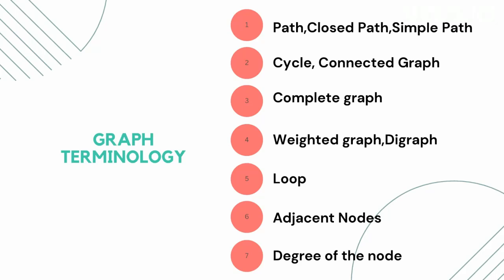The adjacent nodes of the graph are defined as follows: if two nodes U and V are connected through an edge E, then the nodes U and V are called neighbors or adjacent nodes. The final one is degree of the node. It is the number of edges that are connected with that node. A node with degree 0 is called an isolated node.